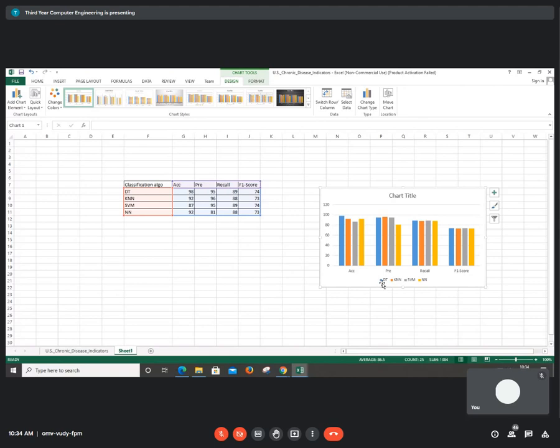These are the names of algorithms, and these are the values of accuracy, precision, recall, and F1 score, different values. Then I can compare the decision tree accuracy, KNN accuracy, SVM accuracy, and neural network accuracy. So differently I can check the accuracy of the algorithms.